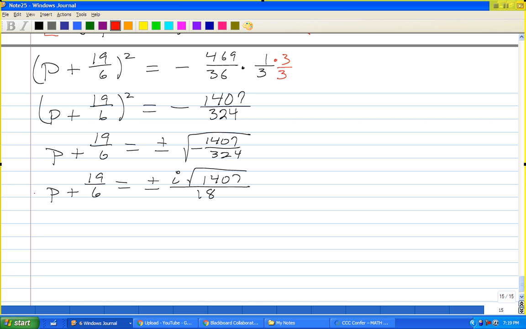Multiply both sides of my equation by 18. So I get 18p plus 57.